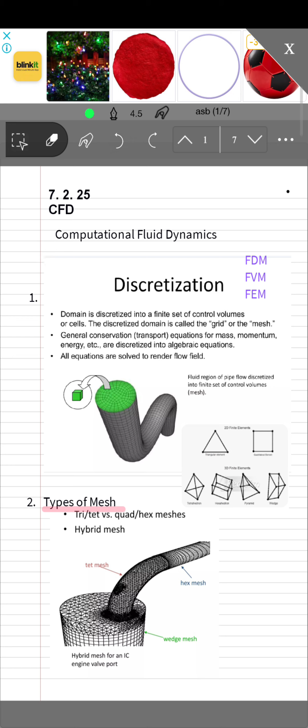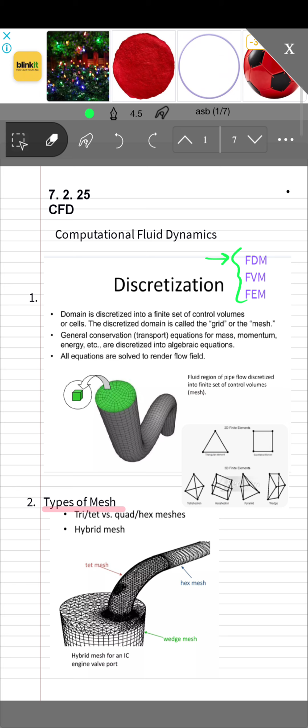Now, after we have done the meshing, there are three different ways by which this discretization method can work. One is the finite difference method, one is the finite volume method, and the other is the finite element method. The finite difference method, the first one, approximates the derivatives based upon the difference between two grid points.